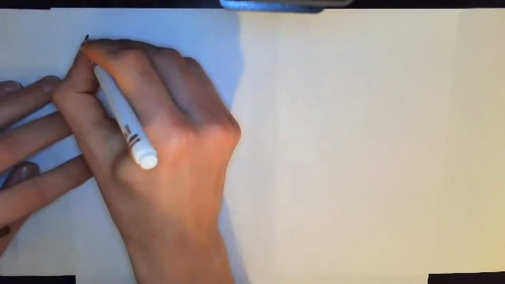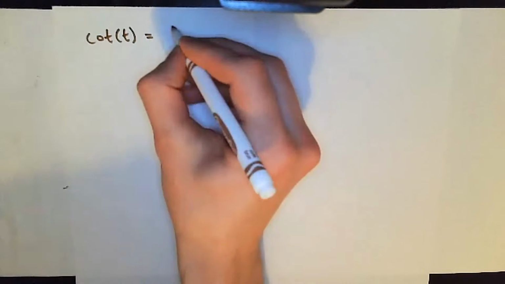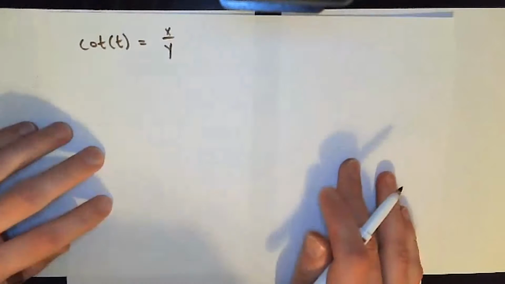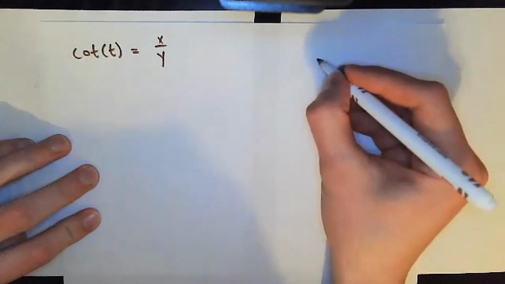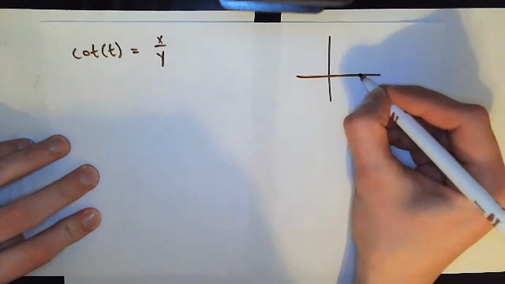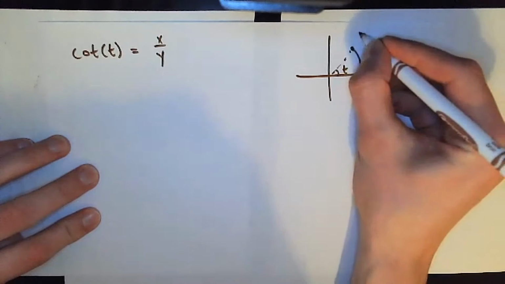All right, how about cotangent of t equals x over y? So again, with the unit circle picture, here's angle t.